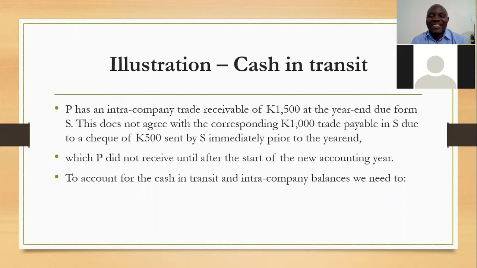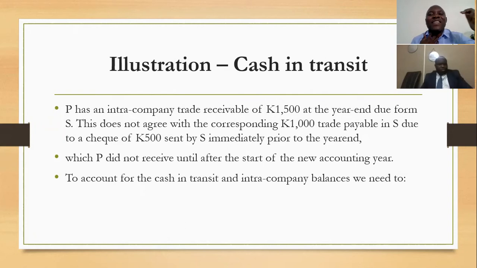So what is supposed to be done is to assume that P received that 500, meaning that now you're going to have 1,000 in P's books as a receivable, and in the subsidiary as a payable, it will show 1,000 kwacha.